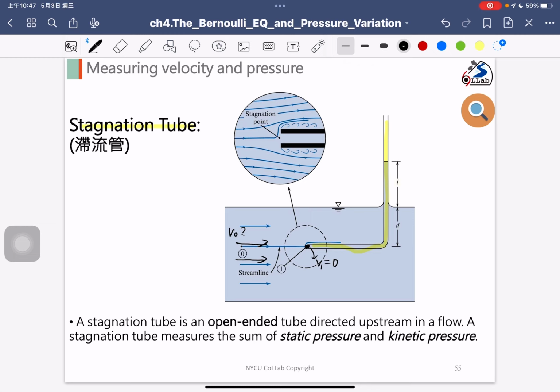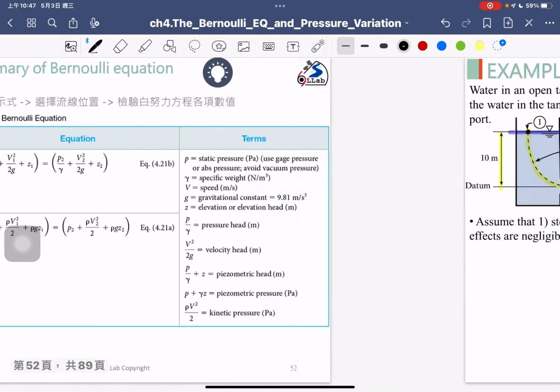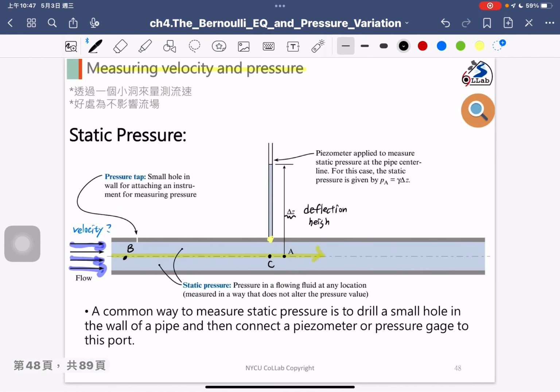But as you remember, we also introduced one methodology to compute the velocity. We call that the static tube. How is it different? You can see the static tube, we don't need to put the pipe inside the flow field, so our tube cannot disturb the flow conditions.